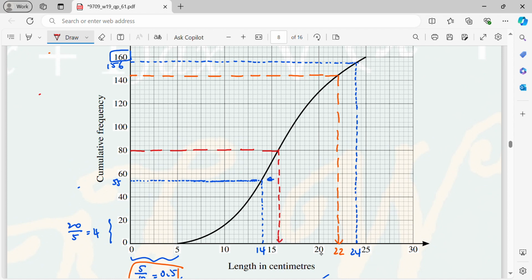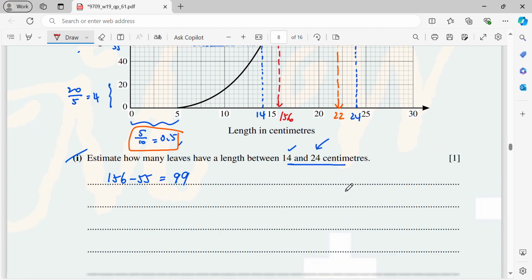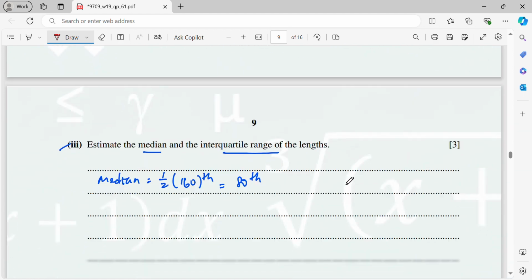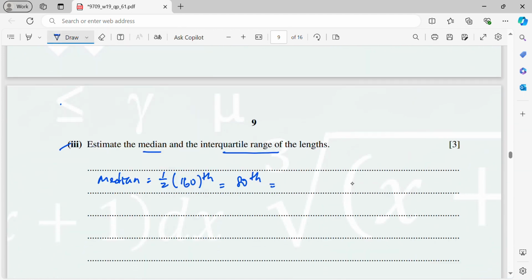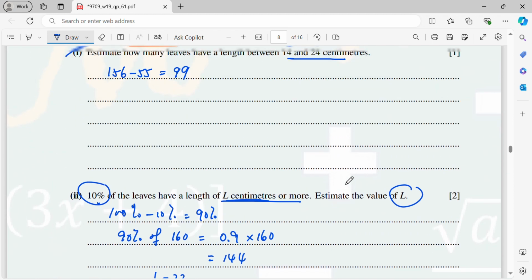So 1 square is 0.5. That means this is in between first and second, right? Therefore, I would say that this is probably 15.6, right? So here I will say 15.6. They will be given a range. Marking scheme accepts a range of the value, right? Or you can say it is in the middle, so 15.7 also doesn't matter. Right? So now that is my median.